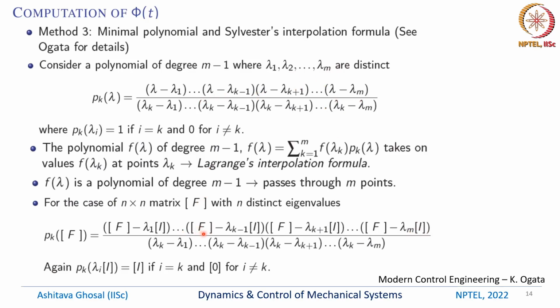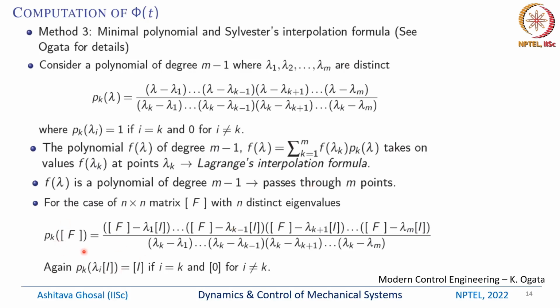So some of you may have heard of something called the Cayley-Hamilton theorem, which states that a matrix satisfies its characteristic polynomial. So the basic idea is something similar here: whatever is the characteristic polynomial, if you substitute the matrix instead of the eigenvalues, that also satisfies it.